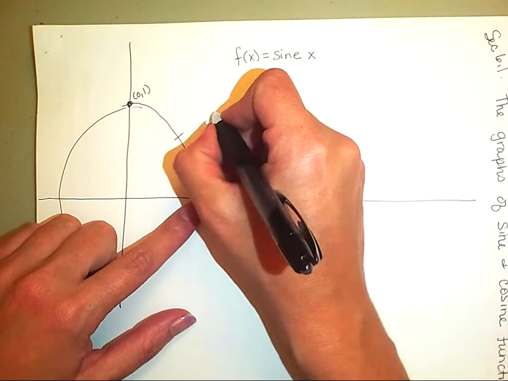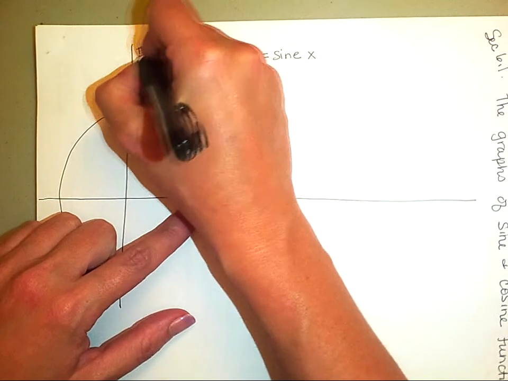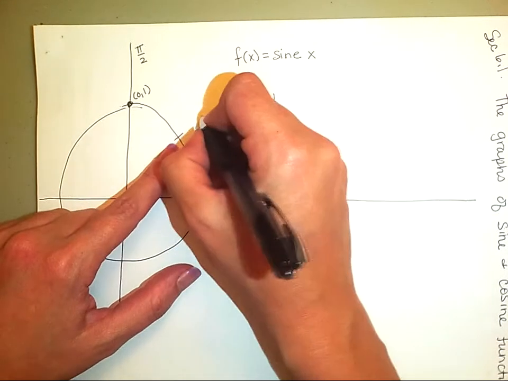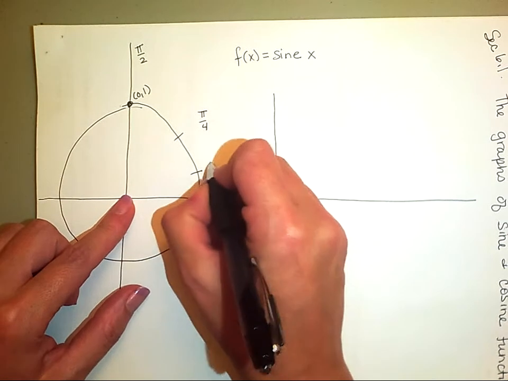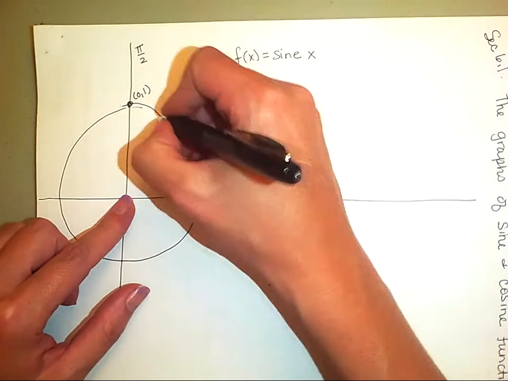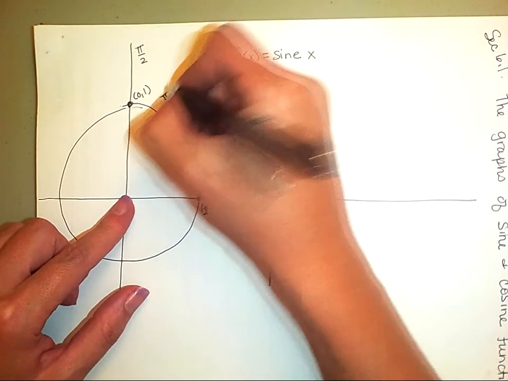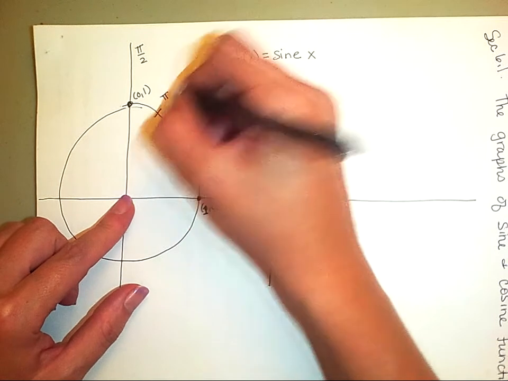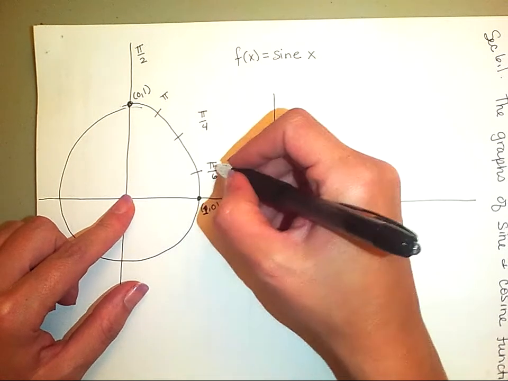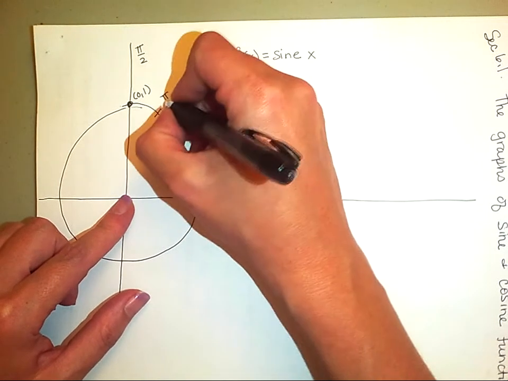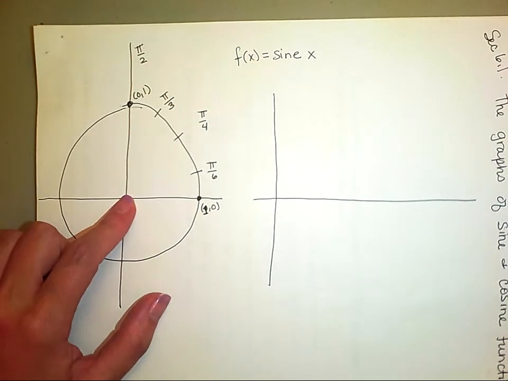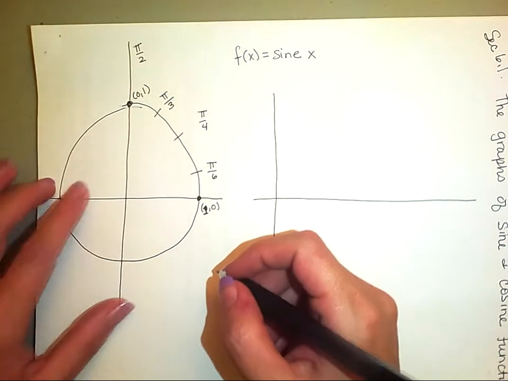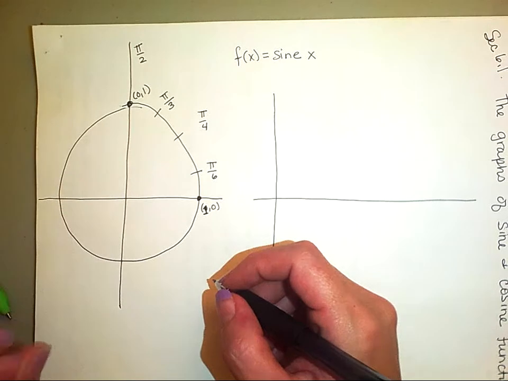Now, this is our angle pi over 2. Half of the angle pi over 2 is pi over 4. We also have our angles at pi over 6 and pi over 3: 1 pi over 6, 2 pi over 6, so 2 pi over 6 is pi over 3. And then let's put in some of our other angles.